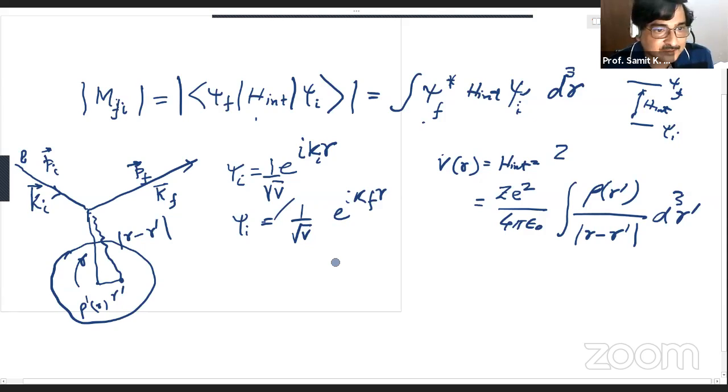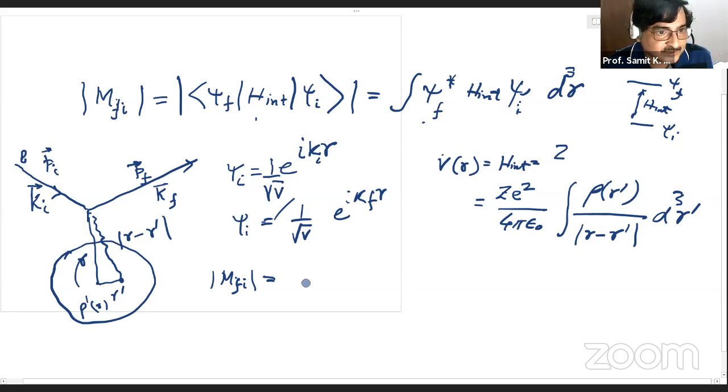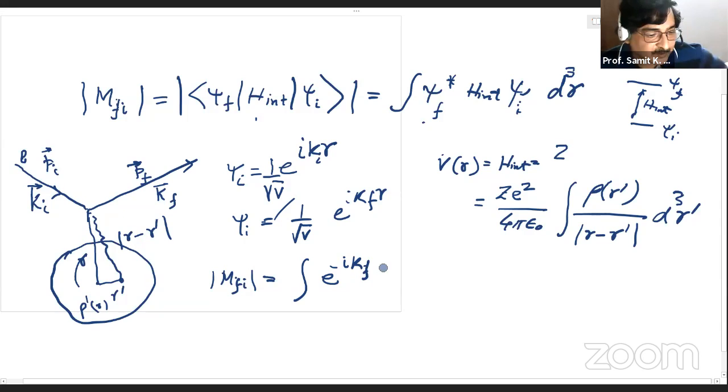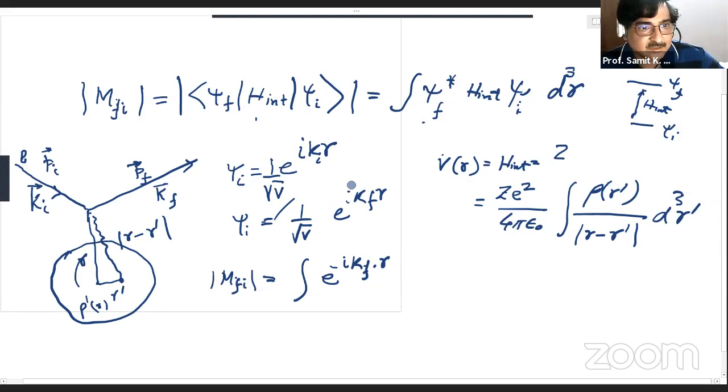So then I can get my matrix element M_fi equal to, first I am just inserting this matrix element, so e to the power minus i k_f dot r, because it's a vector quantity, so you have to write the dot here and also dot here.